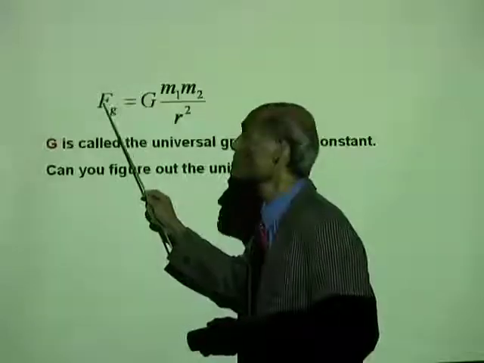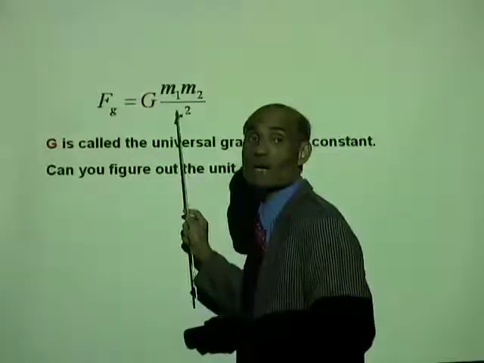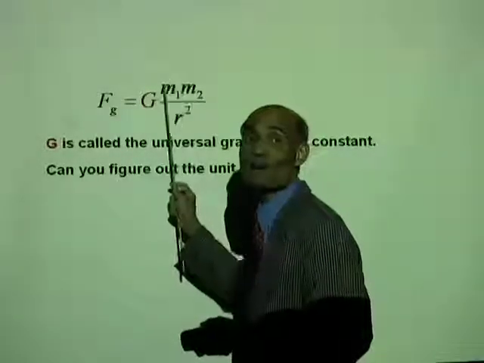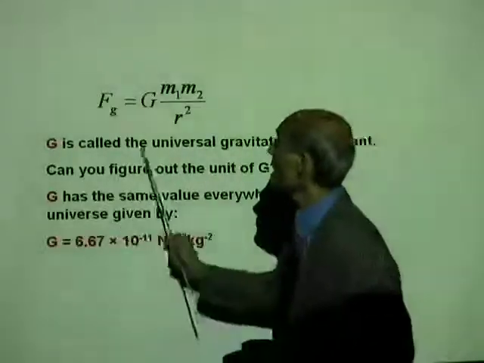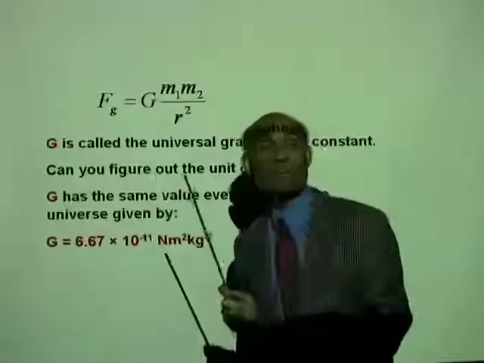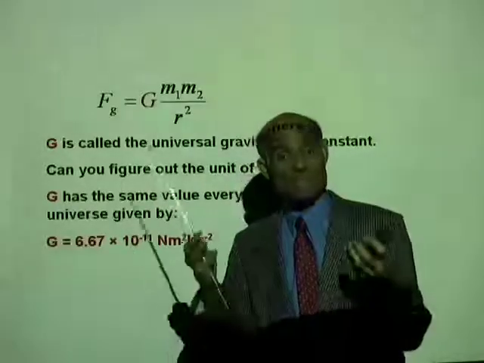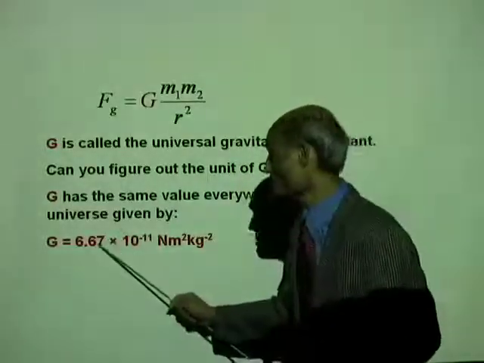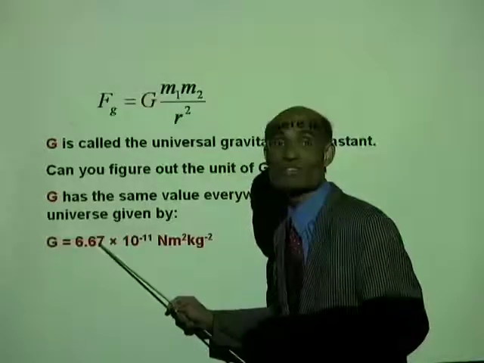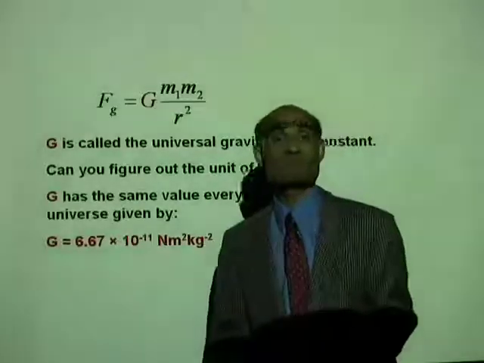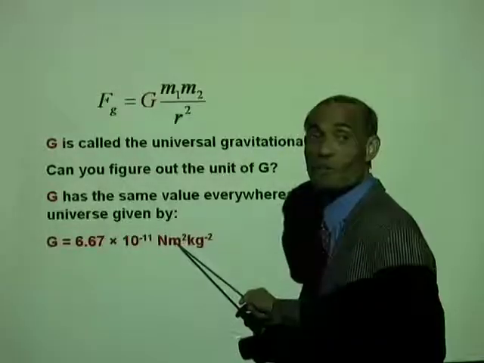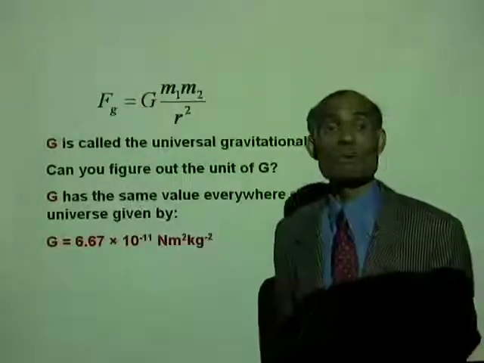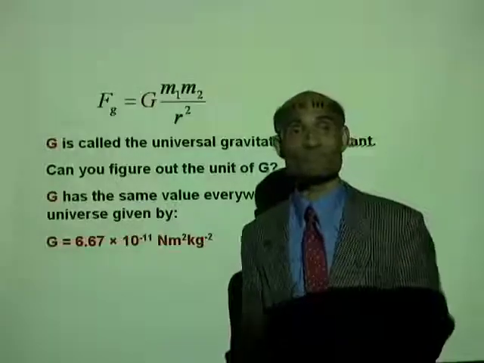It will be Newton meter squared per kilogram squared. That's right. So G has a value, it has been measured very accurately. It has a value 6.67 times 10 to the power of negative 11 Newton meter squared per kilogram squared.